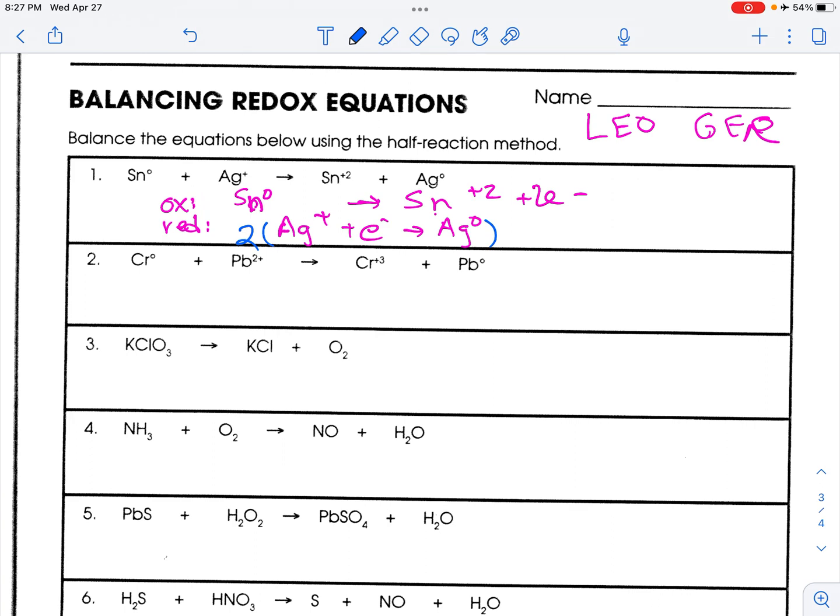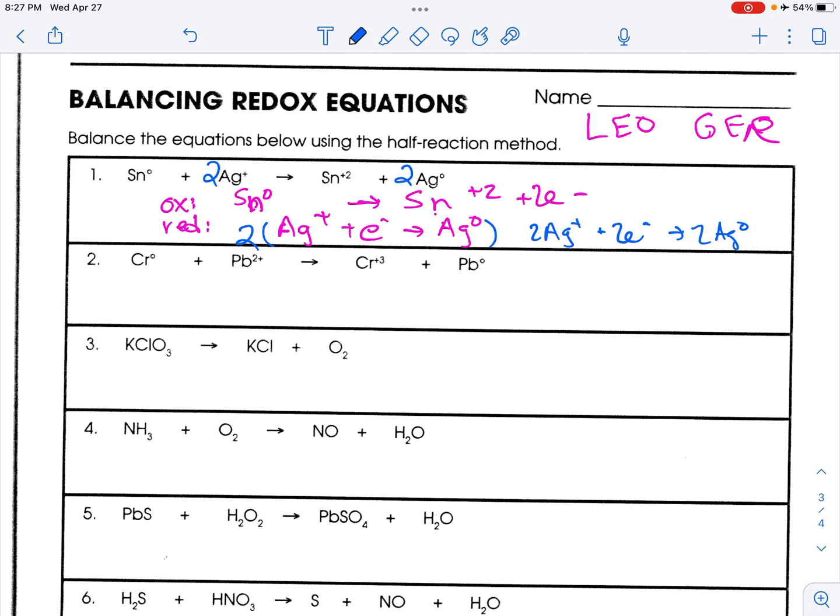So any of the silvers need to have a 2 in front of it. That would be 2Ag plus and 2e minus yields 2Ag0. So now we've gained and lost 2 electrons each. Okay, so that's all you do.